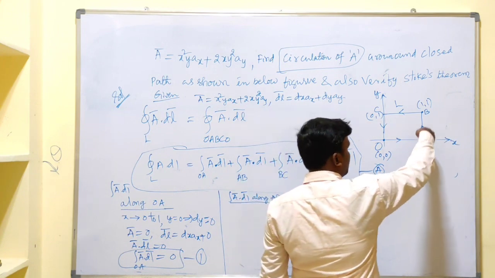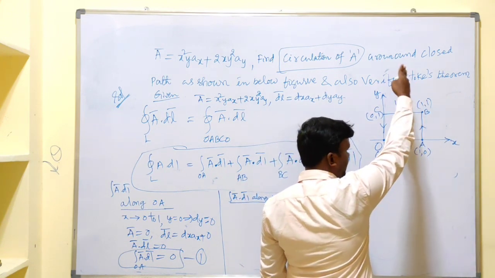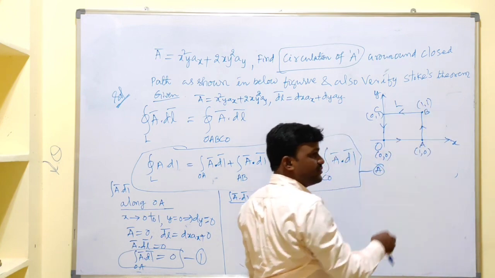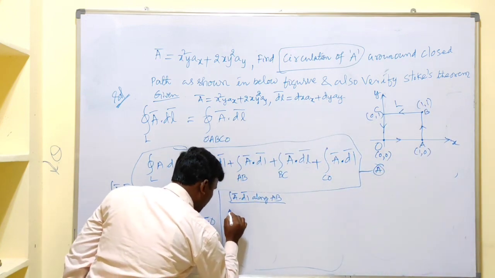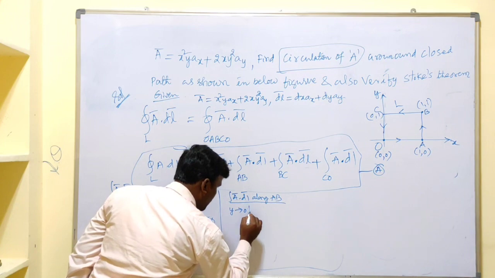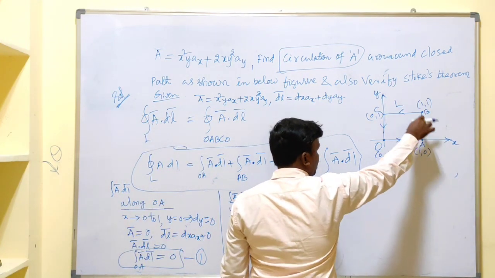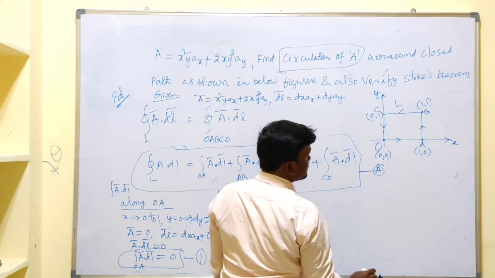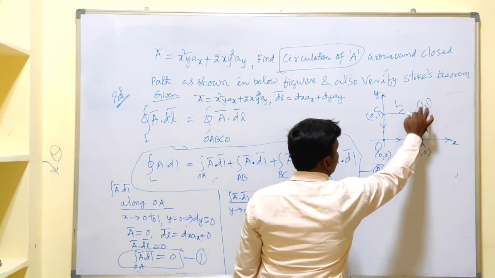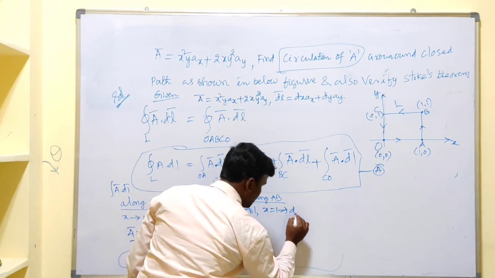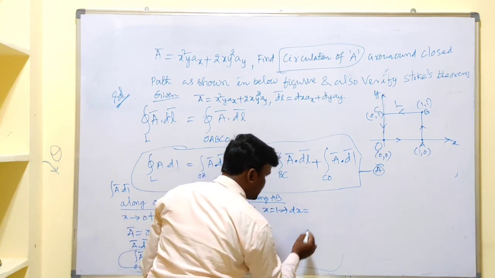AB means vertical direction, vertical direction means along y direction, y is variable, y is varied from 0 to 1. And what about x? Vertical means x is constant. Here x is 1, here also 1, means x is 1, it implies dx is 0.